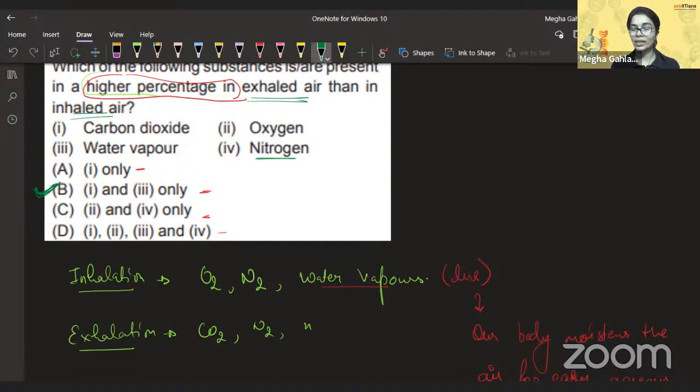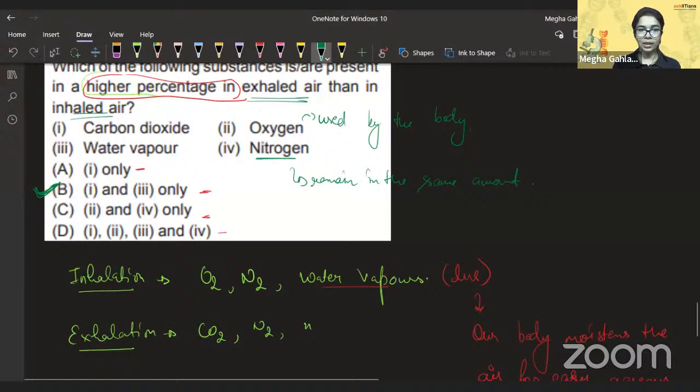Nitrogen is going to be in the same amount because nitrogen is not being used by our body. So it is going to remain in the same amount. Whereas oxygen is used by the body, and carbon dioxide is produced by the body, right?